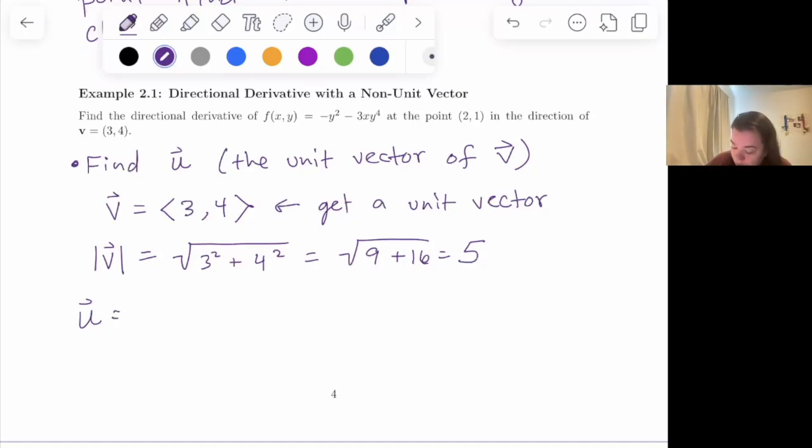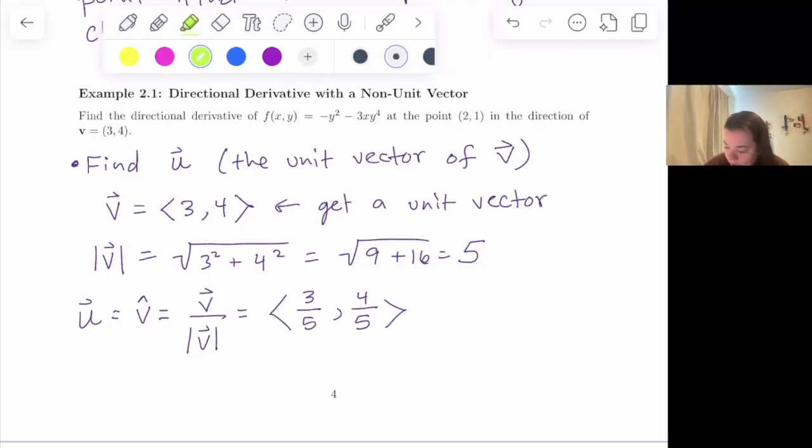The unit vector of v is sometimes written as v hat. Some people use the notation v hat to represent a unit vector for a specific vector. If you use that notation, you could call it v hat. But this is found by taking vector v and dividing it by its magnitude. So you take vector v and divide each component by its magnitude.